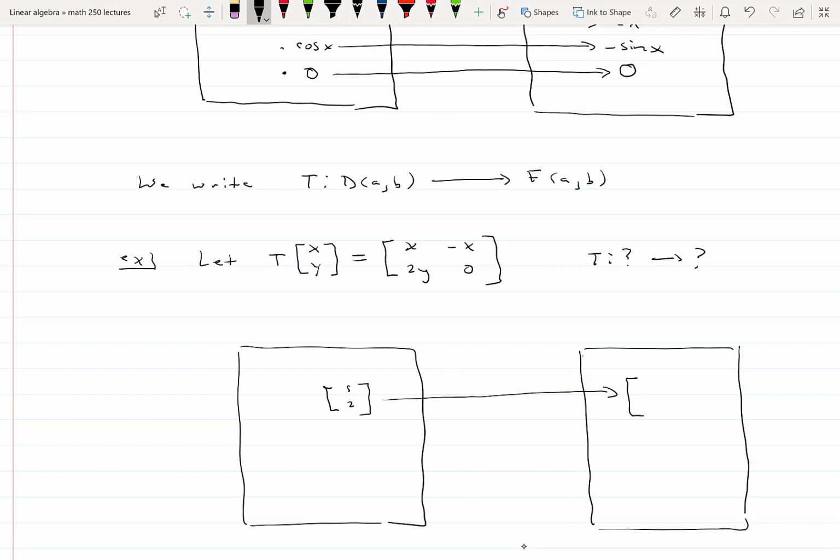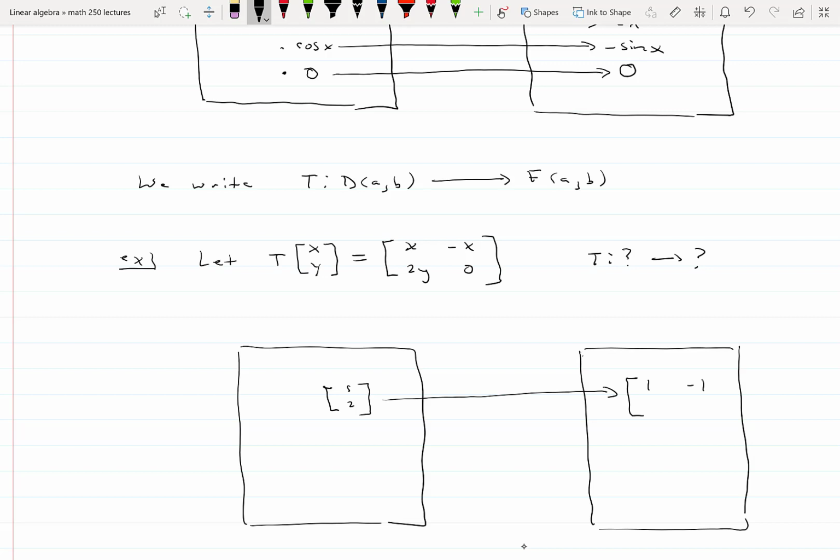It takes a column vector from R2 and takes the x component and turns it into the first row, 1 in this case, and -1.